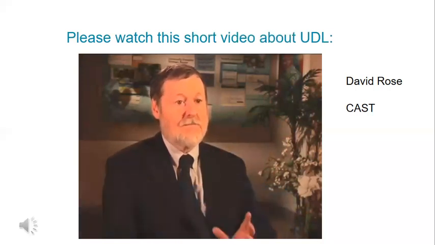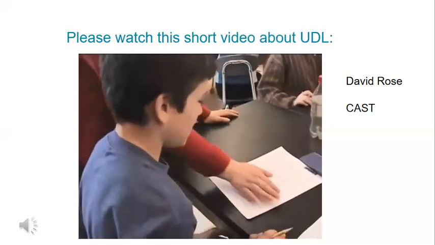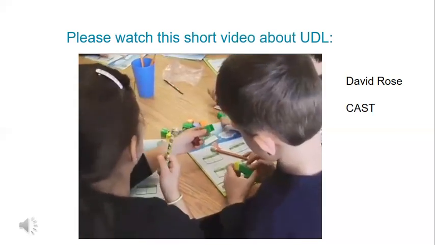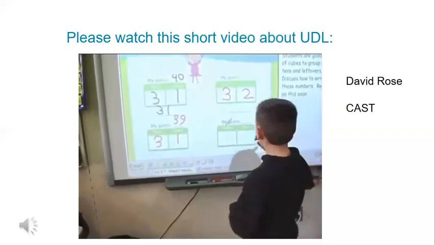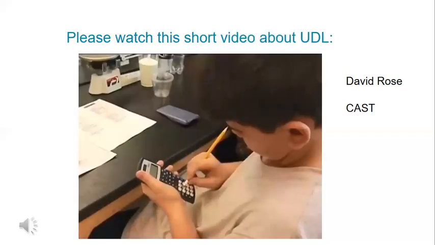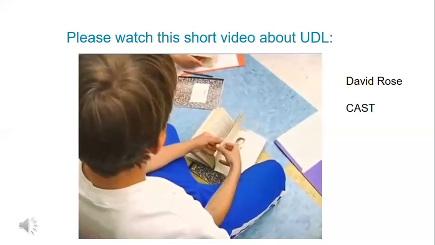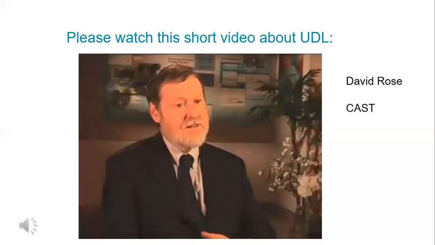Universal design for learning, though, is particularly focused on making sure that we get those students who have been marginalized, for whom that designing for the average student has never worked well. And that certainly means students who have been struggling, students for whom English is not their first language, students with disabilities. They've been typically marginalized by this illusory average curriculum.